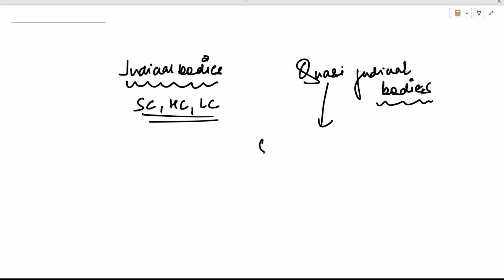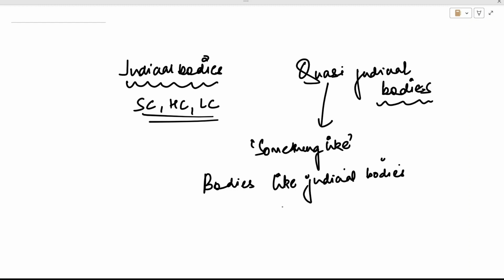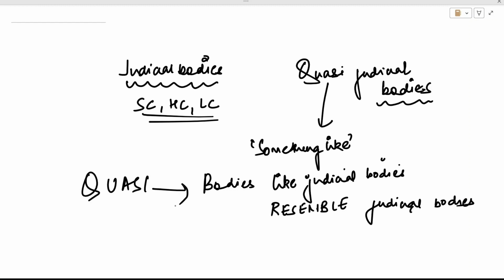Quasi actually means something that resembles something. When we say quasi-judicial bodies, we are referring to those bodies which resemble judicial bodies. Okay, so they are not traditional courts, but they resemble courts.